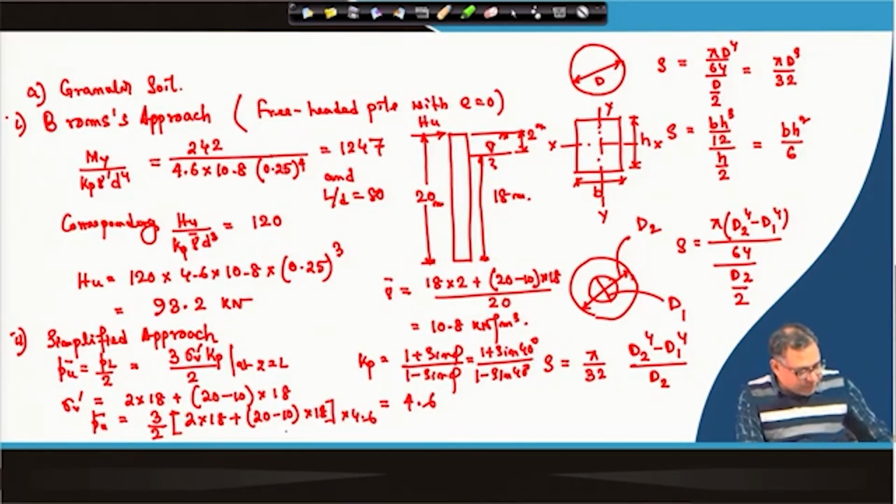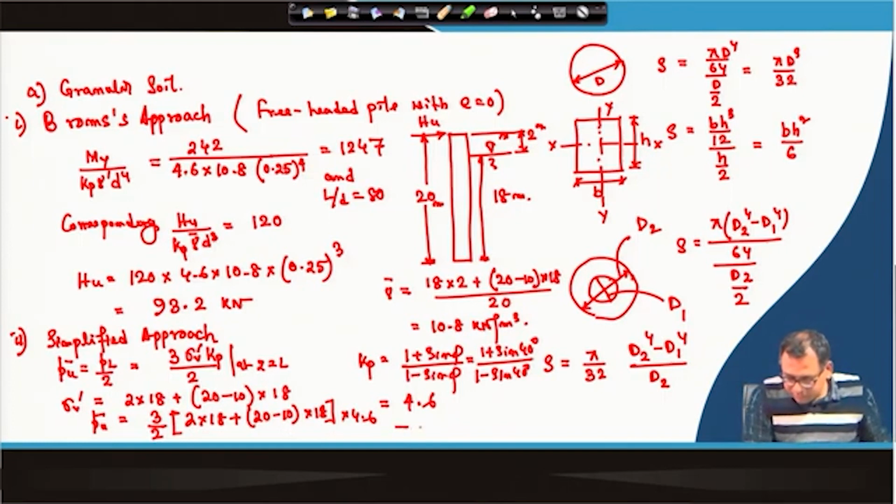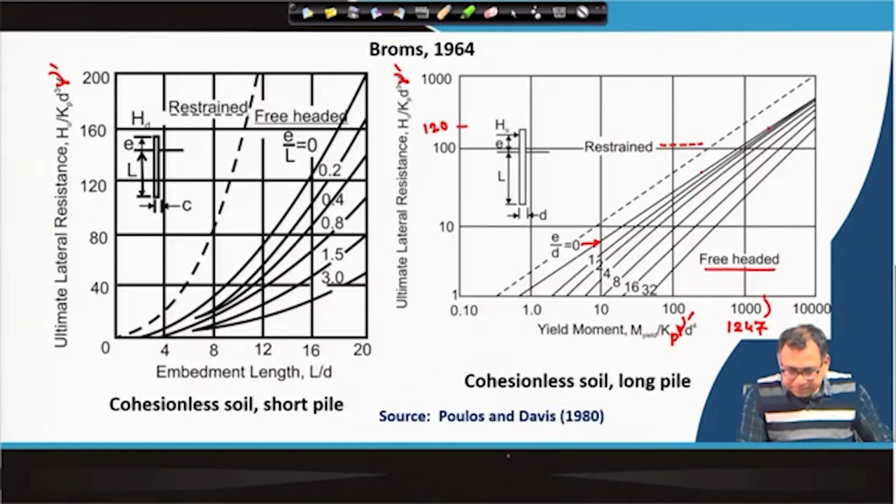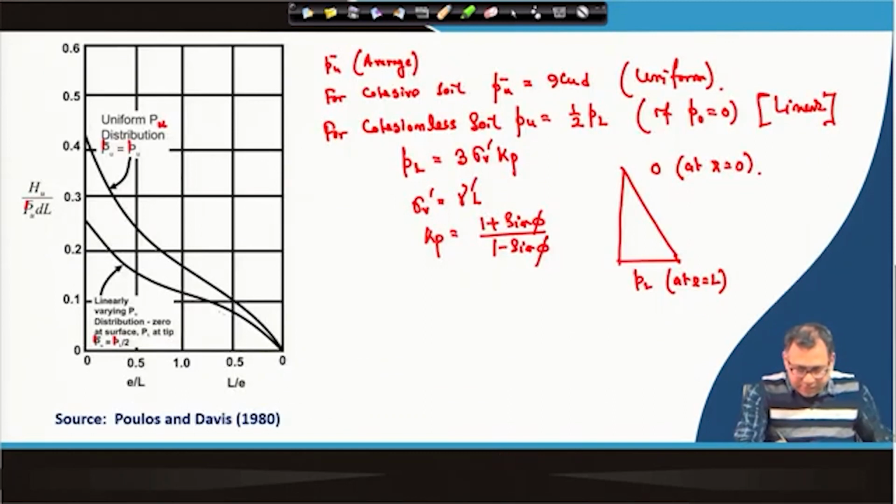So, this value is equal to 1490.4 kilonewton per meter square. So, Pu bar is 3 by 2 sigma V dash we have calculated into Kp 4.6. So, 1490.4.